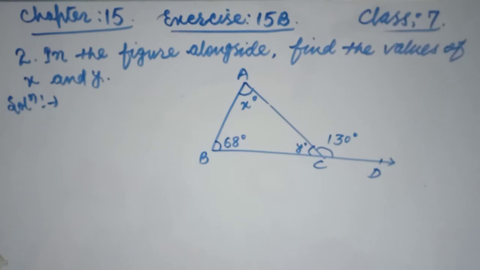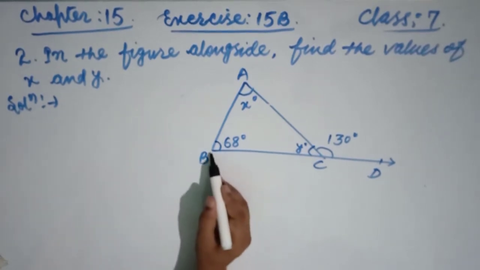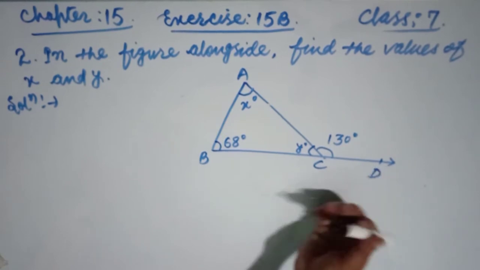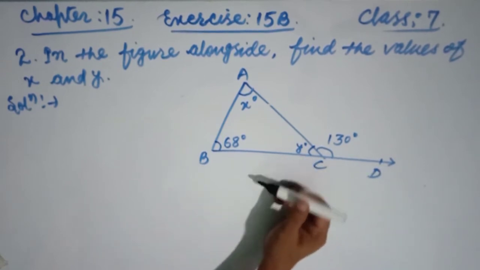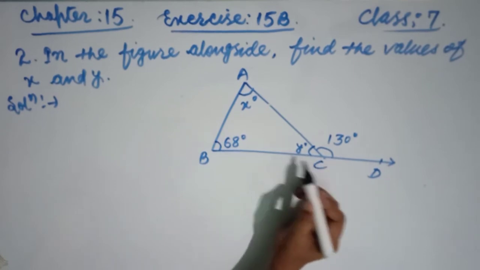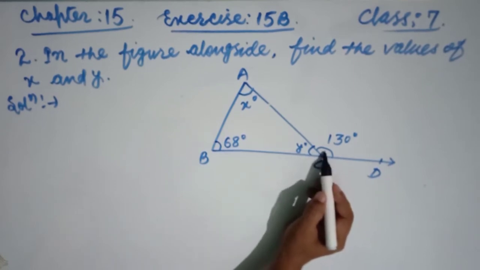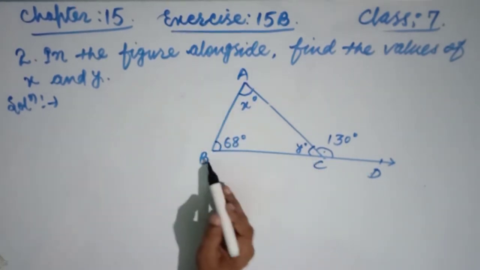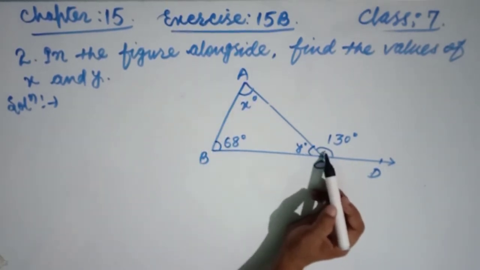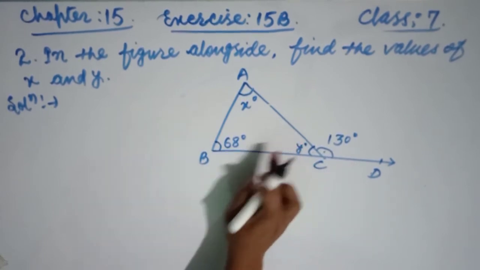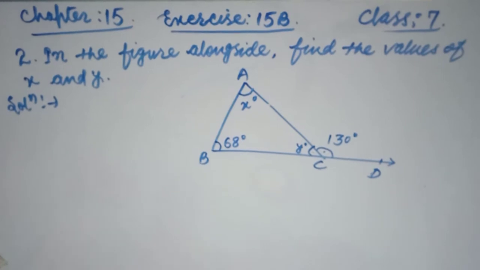Now look at this BD. This BD is a straight line. The sum of these two angles, angle ACD plus angle ACB, is equal to, what will it be? 180, because this is a straight line, a linear pair. Now first find the value of y, then calculate x.